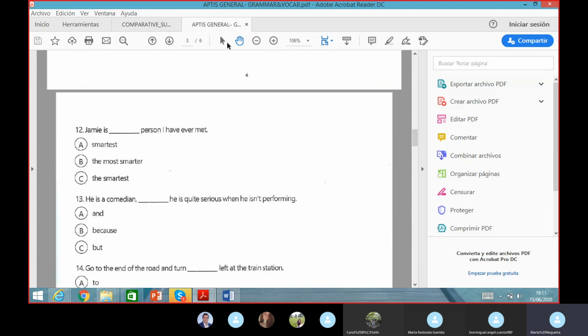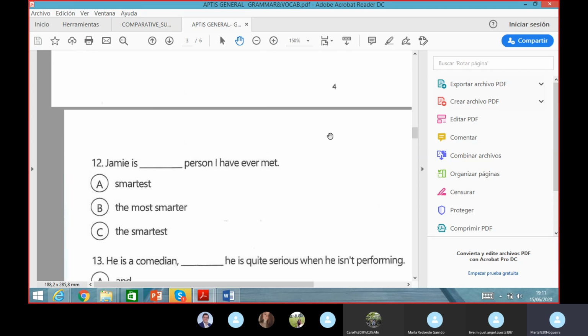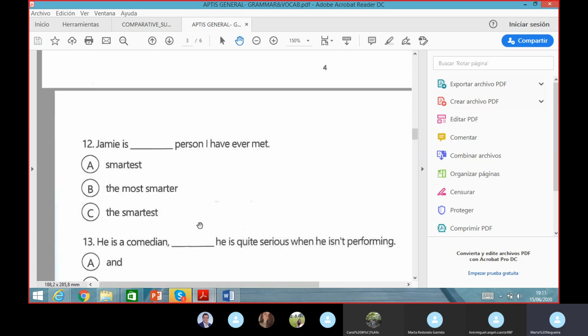Este es el nivel que va a entrar. No esperéis tampoco más. Esto es el superlativo o el comparativo. Decíamos, Jamie is the person I have ever met. Fijaos, con el ever, como los ejercicios que hemos estado practicando. Si alguien tiene dudas, que se lea los ejercicios otra vez y que se le vaya quedando en la cabeza.